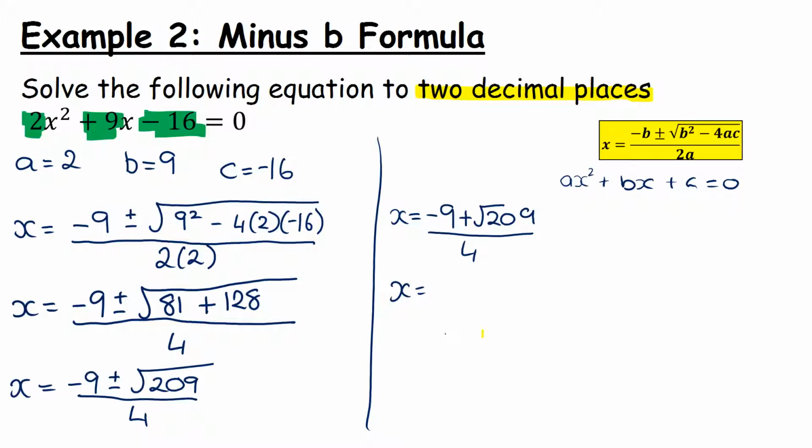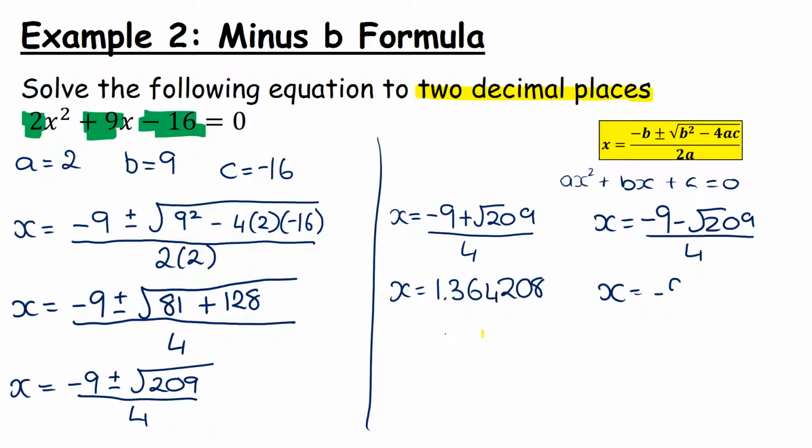So we get x is equal to 1.364208. Okay, and then we work with the minus, so x equals -9 minus root 209 all over 4, and when we work that out we get -5.864208.